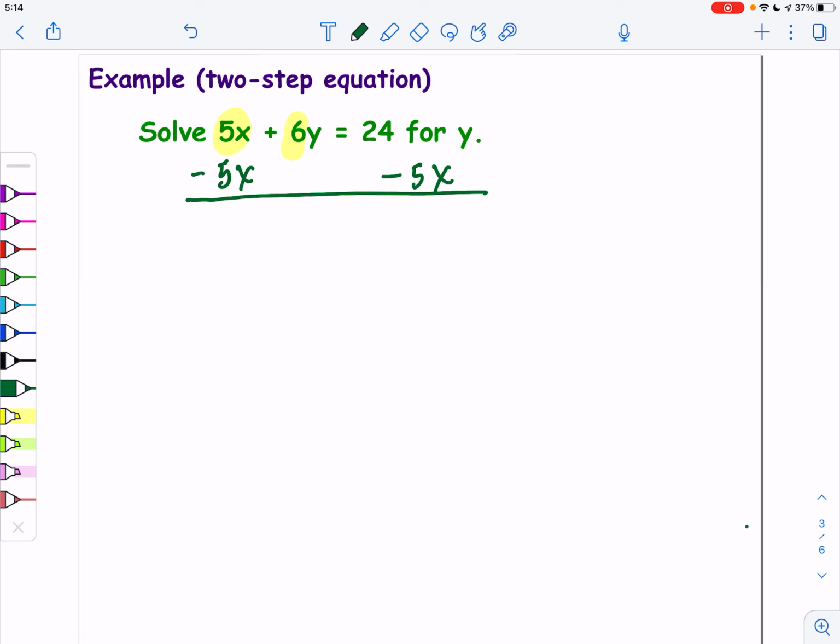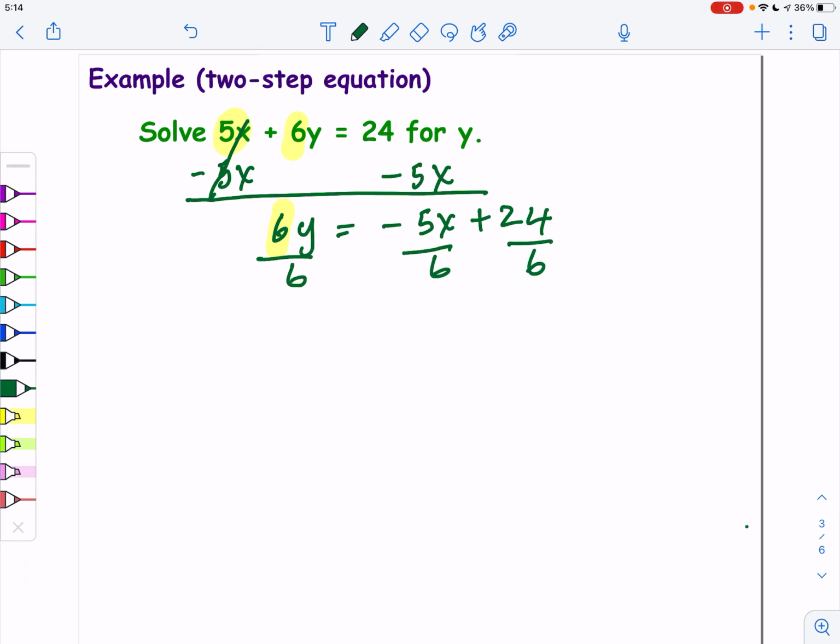5x minus 5x is 0, so that's gone. You're left with 6y equals negative 5x plus 24. We still have to move 6 so that we can isolate y, which is leave y by itself. Divide both sides by 6.